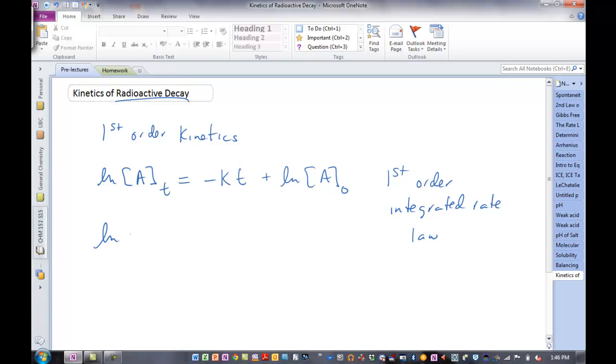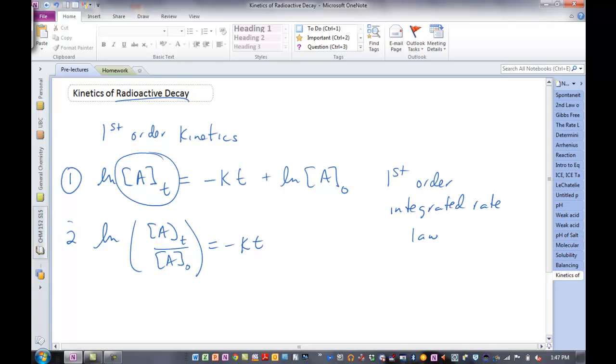There's another version of this that looks like this. Okay, so they're the same equation, just rearranged. I think the first one, so let's call this 1, is easier if you're trying to solve for the concentration at some later time. This one is easier if you want to solve for k or t.